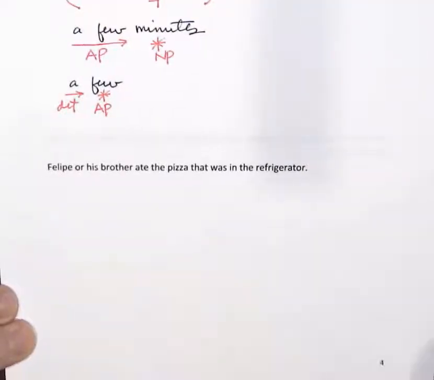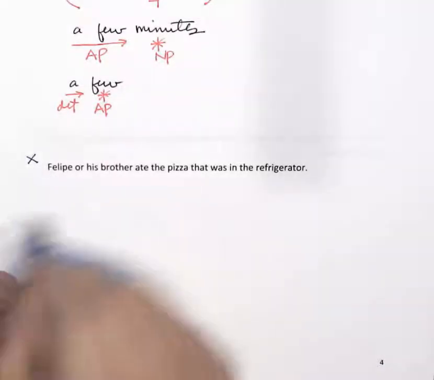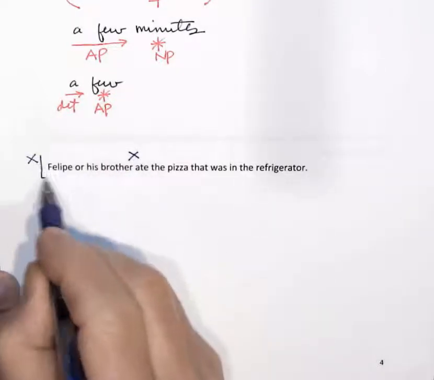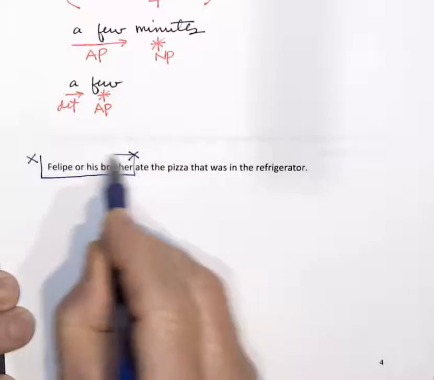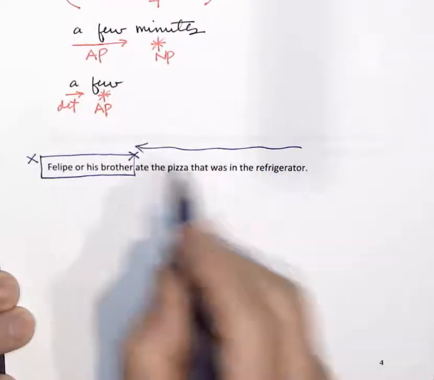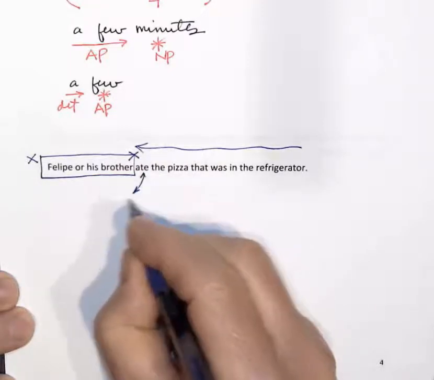Felipe or his brother ate the pizza that was in the refrigerator. There are no shifters. The X word is did. Did Felipe or his brother eat? Felipe or his brother did not eat, and now I know my subject, and I know my predicate. Ate ties with the past.